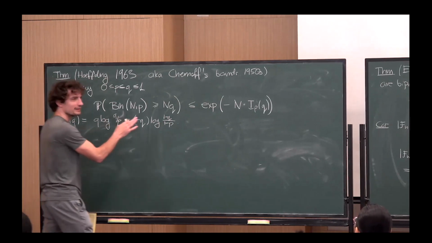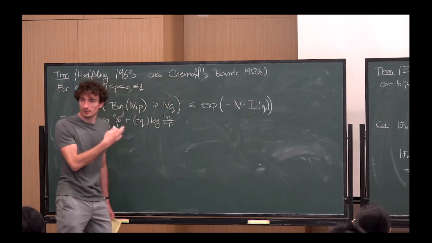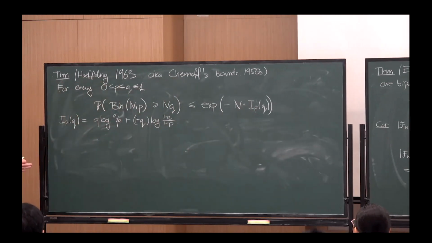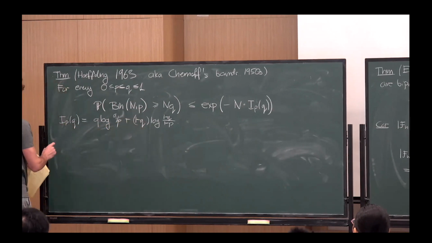I stated it in this way because this is the best constant you can get in the exponent, but maybe this is not the most useful way of stating it because you need to understand something about this function.